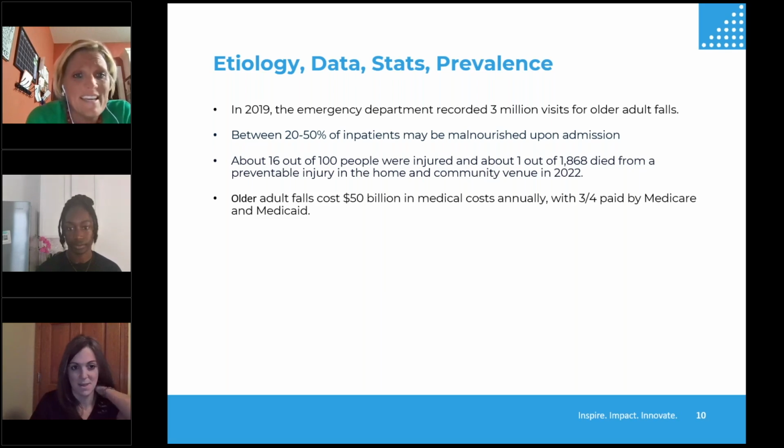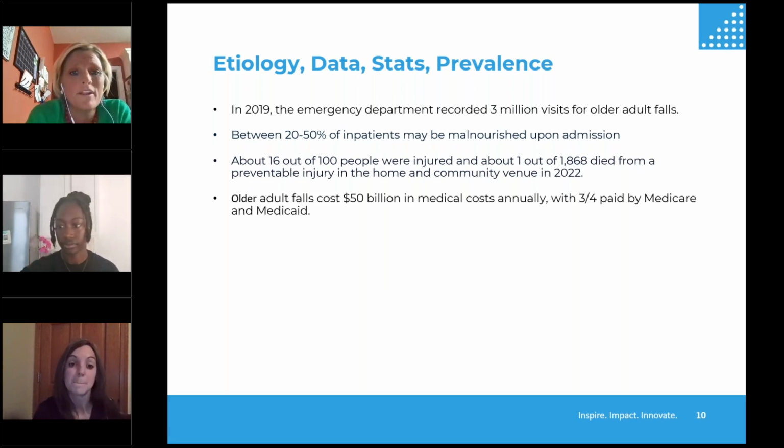In 2019, the emergency department recorded over 3 million visits for older adults with falls. So between 20 and 50% of inpatients can also be malnourished when they arrive, and that can also contribute to their falls.